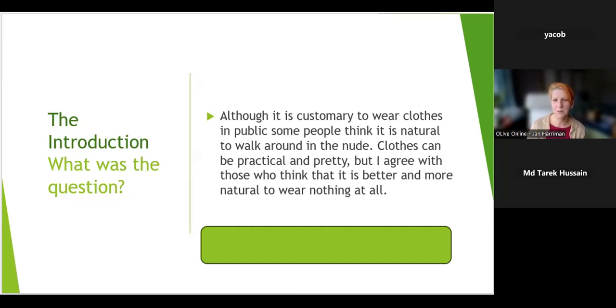Although it is customary to wear clothes in public, some people think it is natural to walk around in the nude. Clothes can be practical and pretty, but I agree with those who think it is better and more natural to wear nothing at all. What was the question?